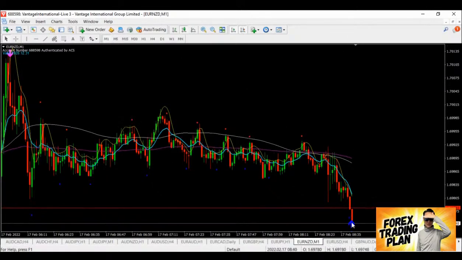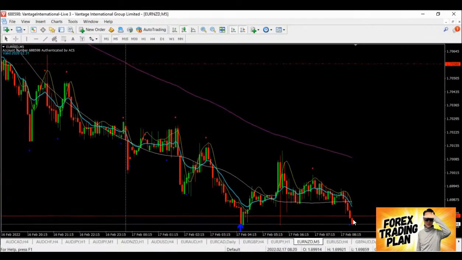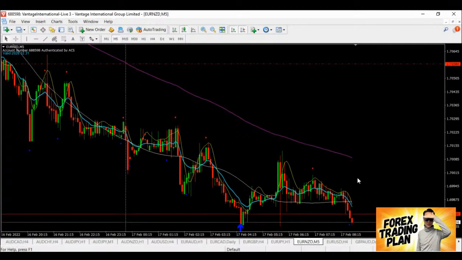All right. So when M5 retraces upwards and there's a resistance that opens below the white line or the aqua line or below the purple line, A1, there will be a chance for us to grab 5 pips. This is a 5 pips trading method.